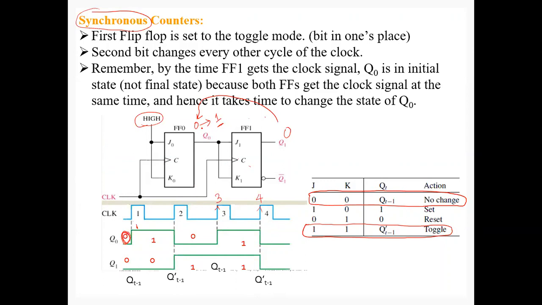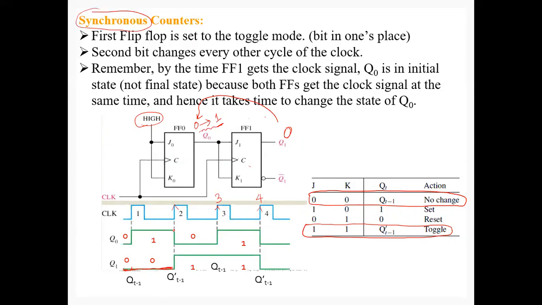It takes time for the change to happen. So that's why it stays 0. It was 0 and it remains 0 until the next thing.